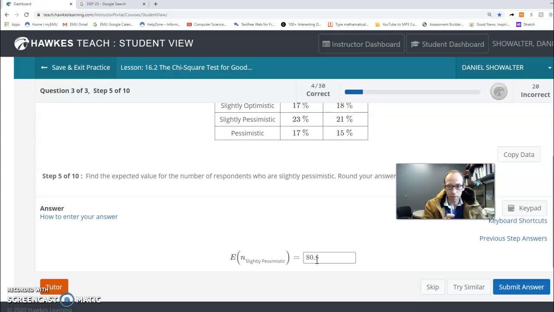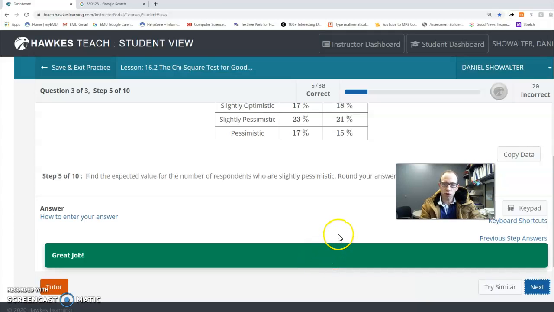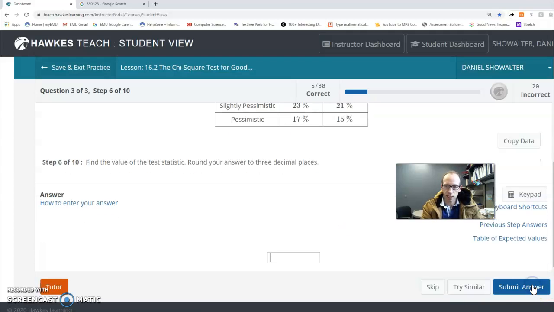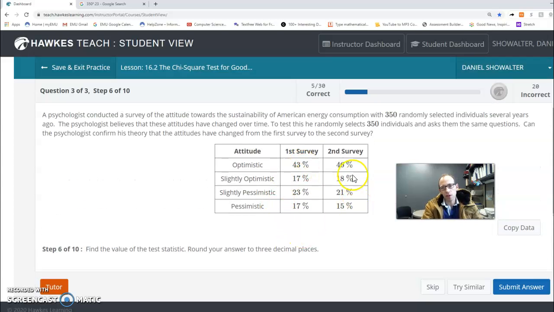By the way, I'm going to do something in the next step that you could do early on and then use for the previous two steps I did. It could make it easier. I'll mention that when I get to it. So here's the big question: what's our chi-squared test statistic? Here's where the TI, unfortunately, and I'm not sure about the Casio, is going to run you into problems. If you take these numbers times 350, as you should, you'll get a decimal answer which will give you an error on the calculator.